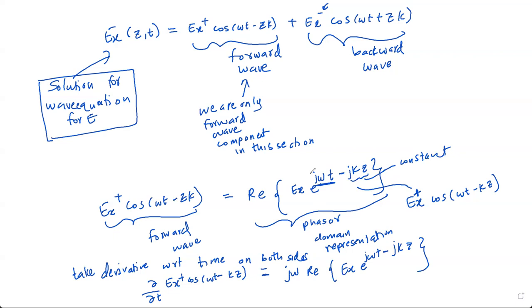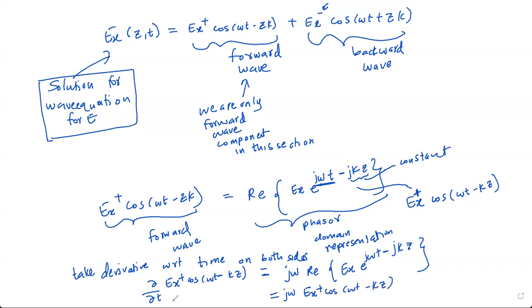I can write again that these two expressions are the same. The real part of this expression is this expression, so both these terms are equal. I can write this as Ex plus cos(omega t minus kz).